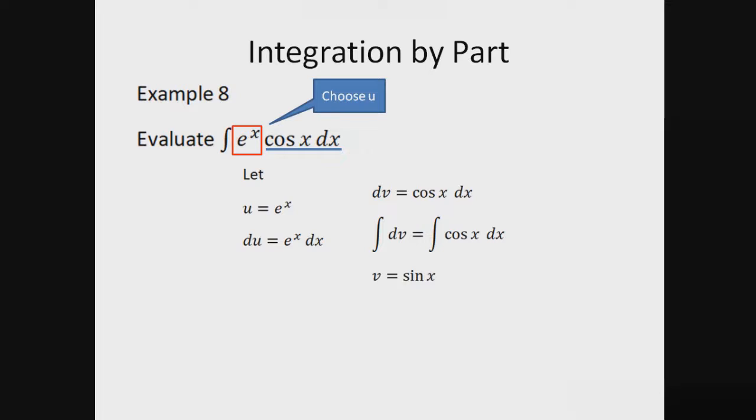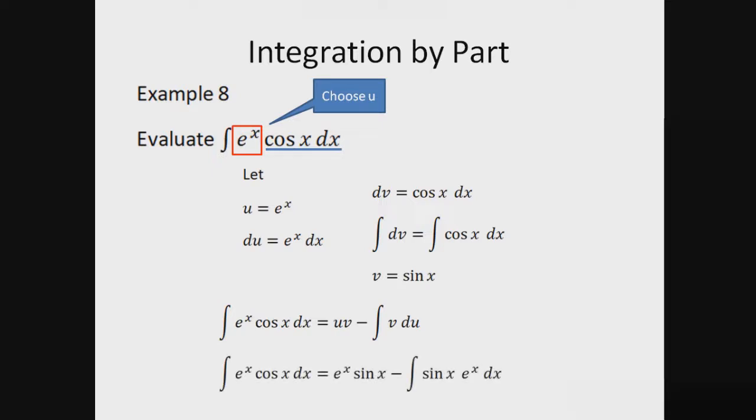Looking at the table of integral properties, we get v is equal to sine x. Now we substitute into the formula. We will get e to the x sine x minus the integral of sine x e to the x dx. As you can see here, the integral of sine x e to the x dx we haven't solved yet.